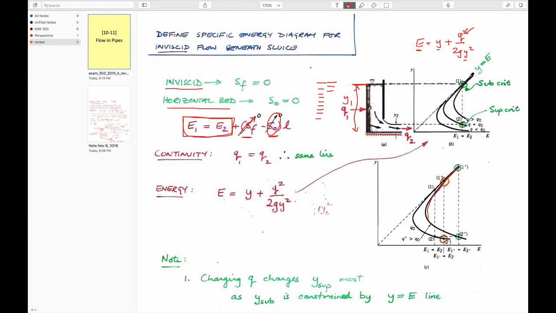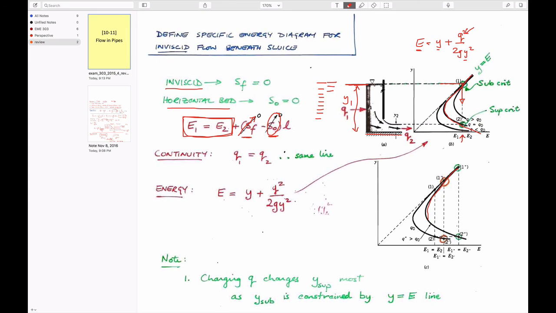You know when the water level is up to this, this is the depth, and therefore the energy has to be this magnitude down the bottom.